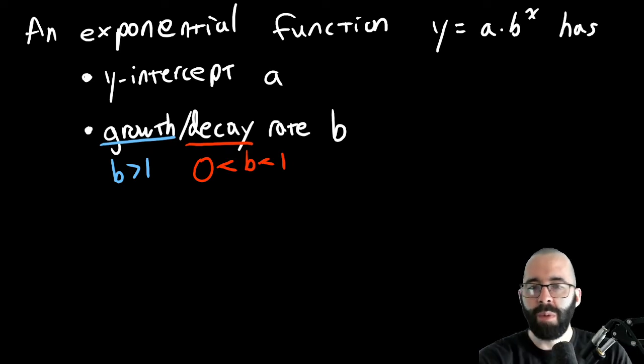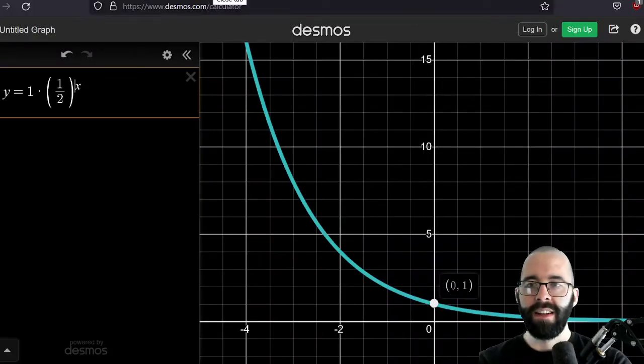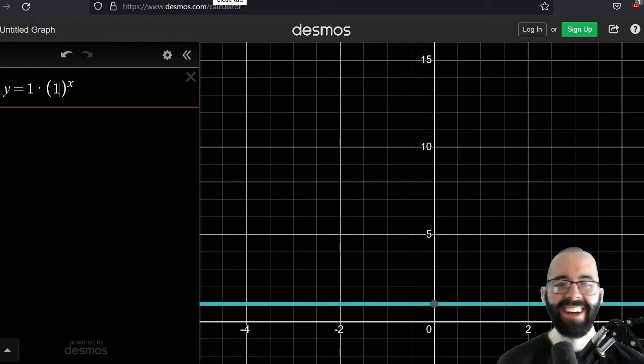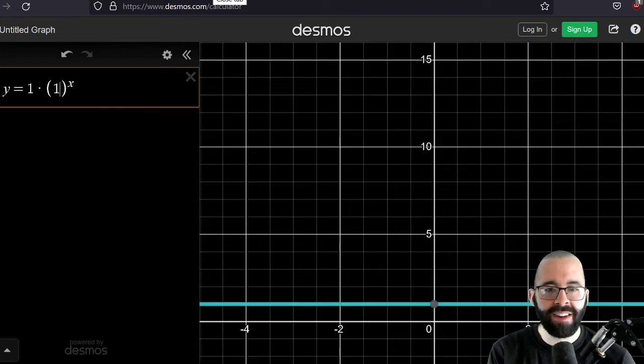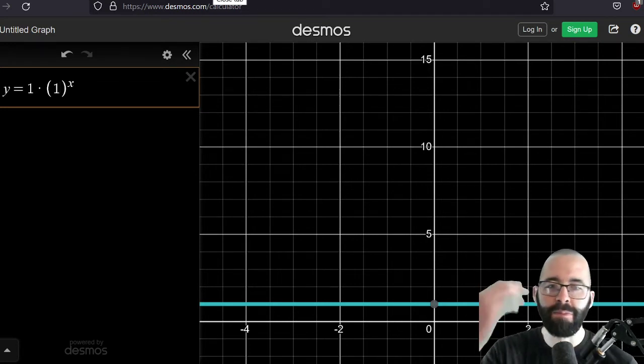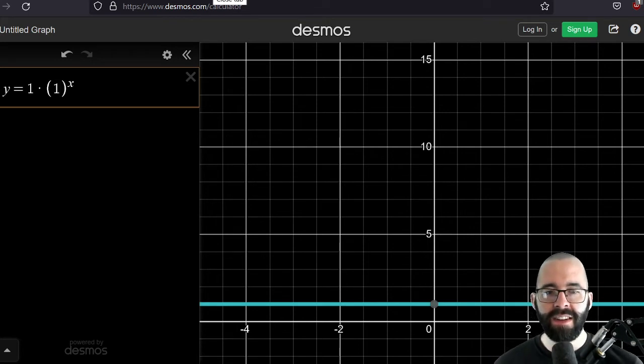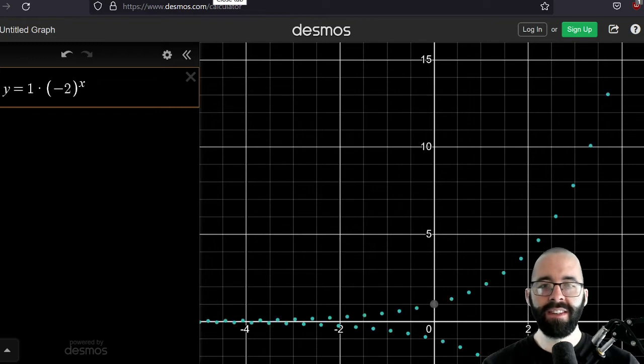Why can't b equal 1? Well, let's look at a growth rate of 1. Oh. It's because 1 squared, 1 cubed, 1 to the 4th, it doesn't change anything. So this is another boring situation. b equals 1 is not interesting. We also said b can't be negative. What happens if b is negative 2?